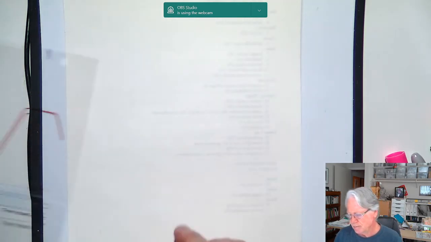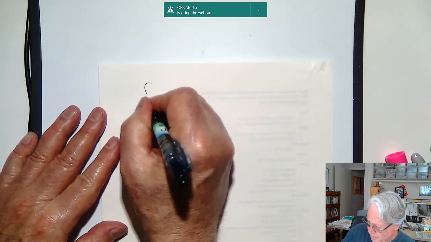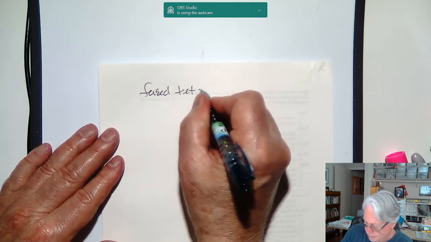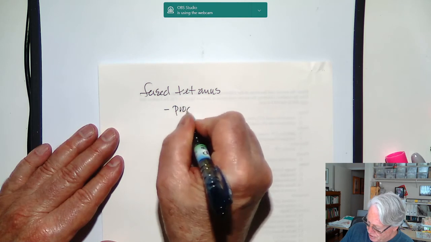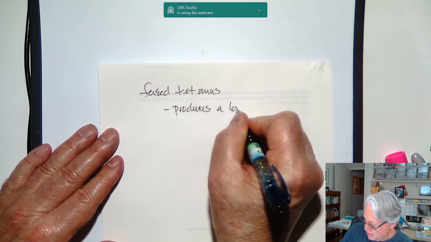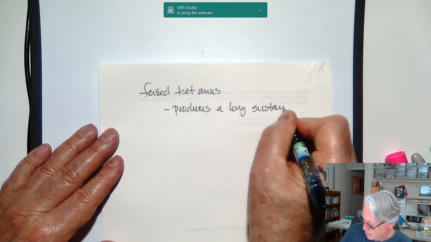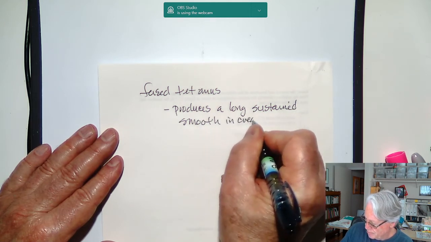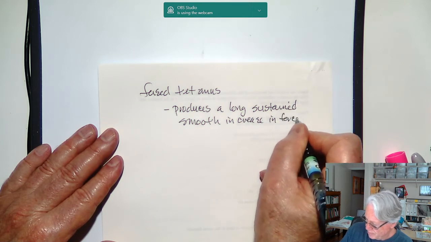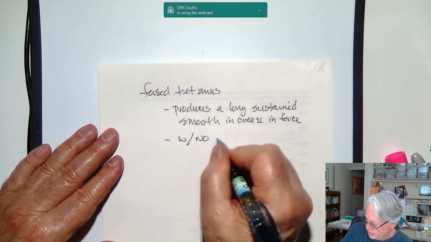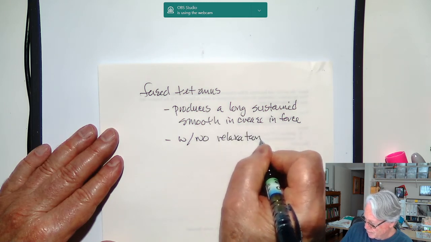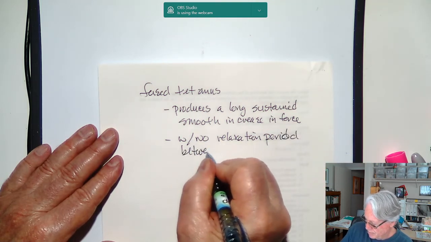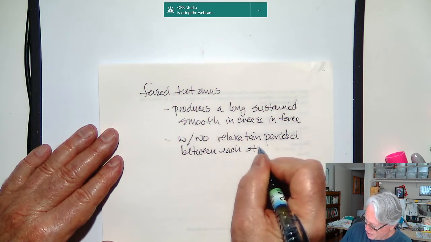So fused tetanus, then, produces a long, sustained, smooth increase in force with no relaxation period between each stimulus.